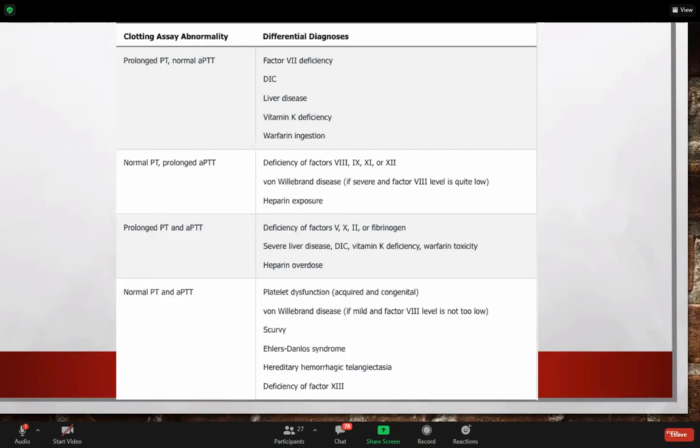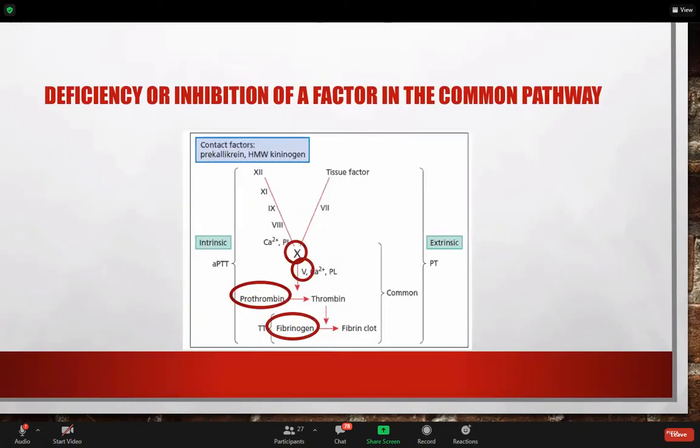Your foundation for approaching bleeding disorders is going to be very, very good, if you also understand the physiology as well as the concept of a mixing study.